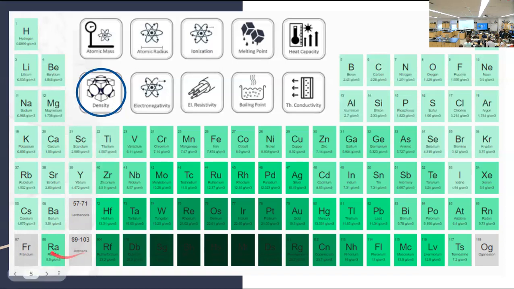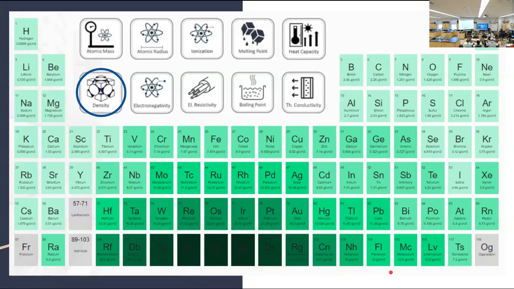If I discovered the element that sits just below Fr, will that be more or less dense, Luke? No, because it's lower. Our density trends downward, right? Maybe I discover an element down here that is the most dense of the periodic table. It will not ever get any denser.